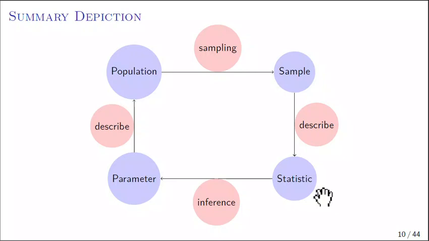I hope this section will give you at least a big picture about what statistics, or more precisely biostatistics, is doing. Okay, under this kind of big picture, our starting point in this course is what? Right here, the sample, okay?